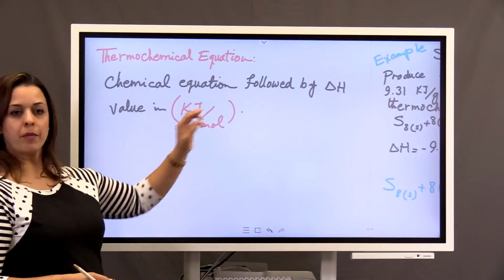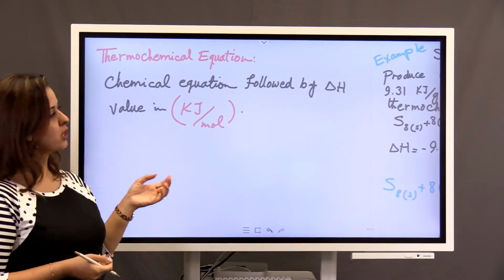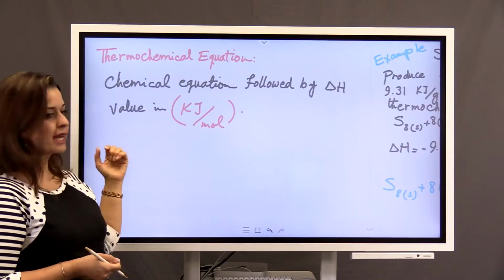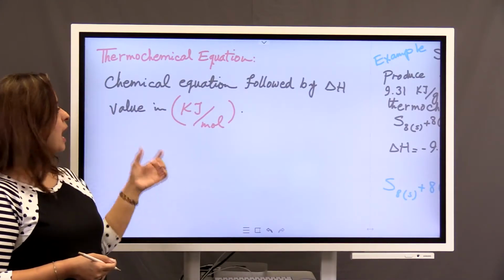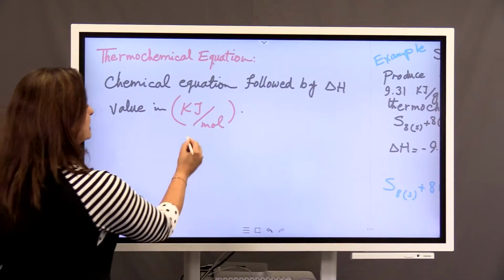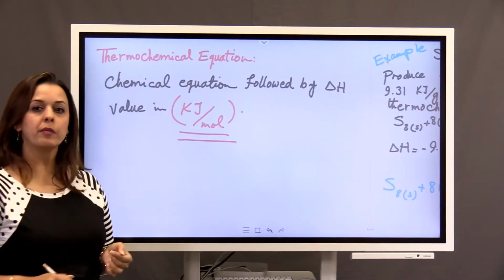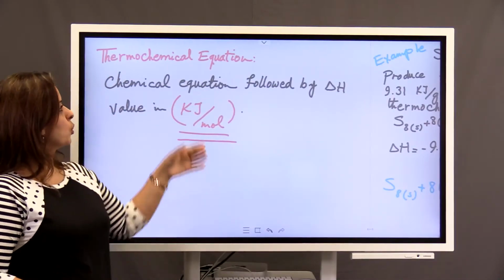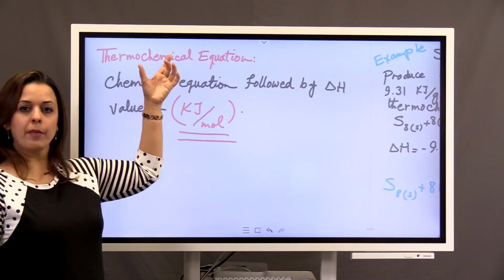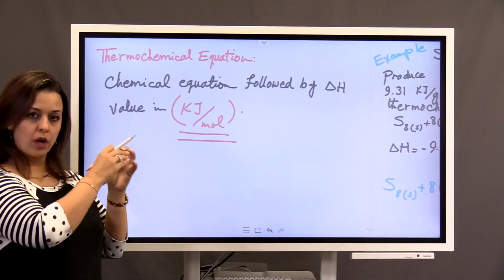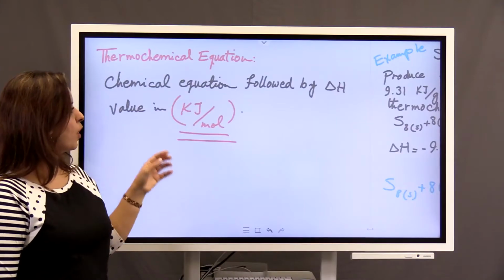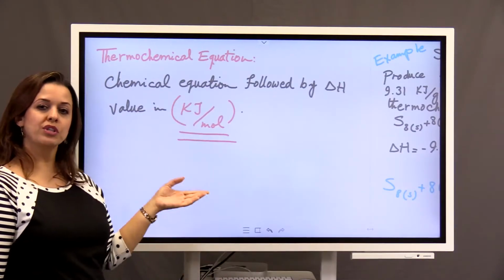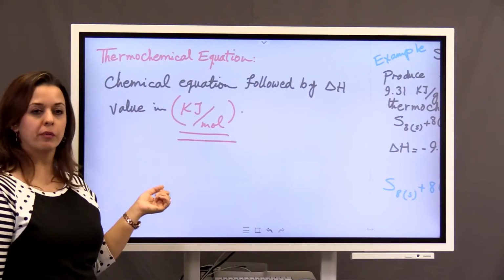Now, if you have a balanced chemical equation followed by a delta H value, and this delta H value is definitely in kilojoules per mole, in nothing else, you can call it a thermochemical equation. So a chemical equation followed by delta H value, which is expressed in kilojoules per mole.